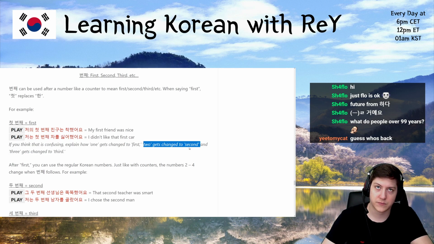So in German the first one is a bit special, and the third one is also special, but then it's pretty similar to English. In English, after the third one it's also very similar. 4 and fourth, 5 and fifth.